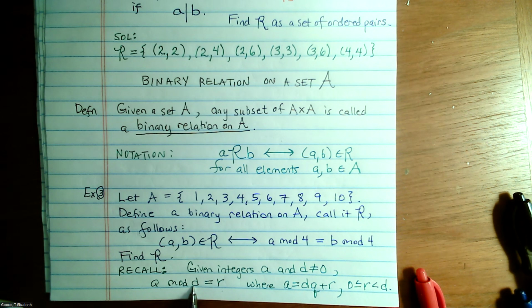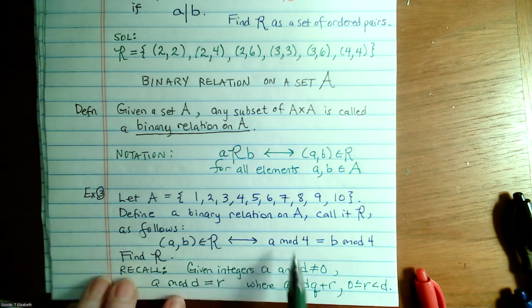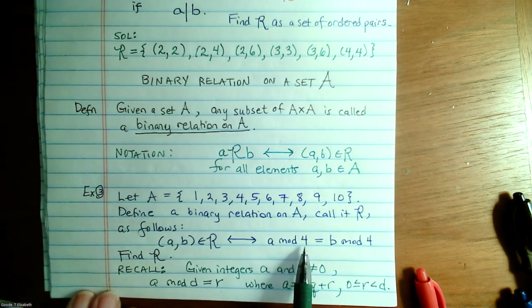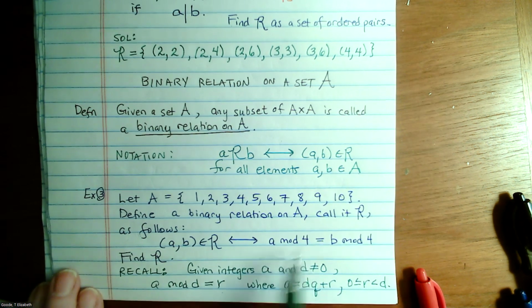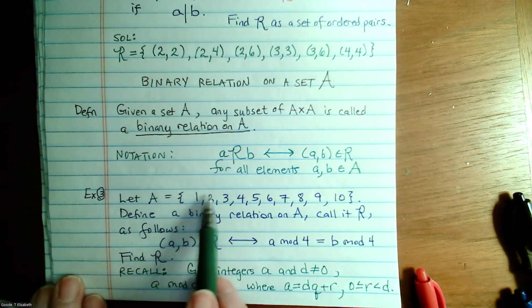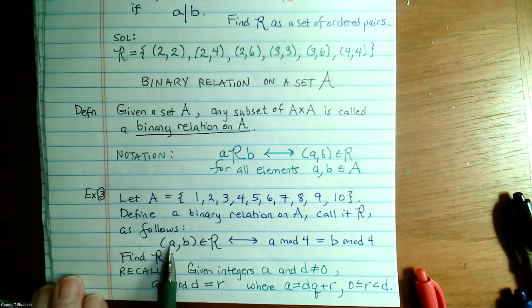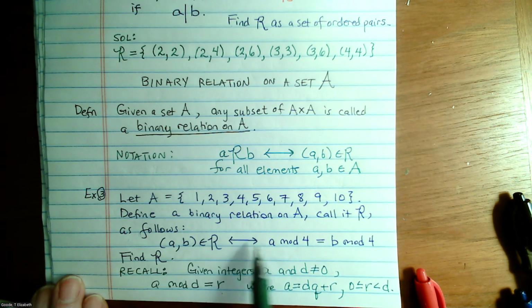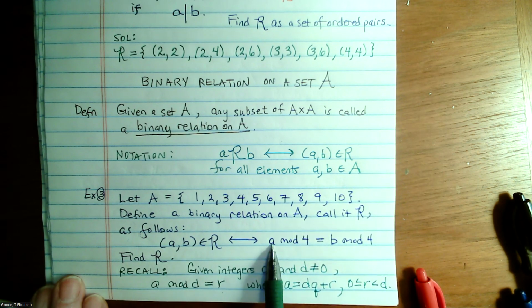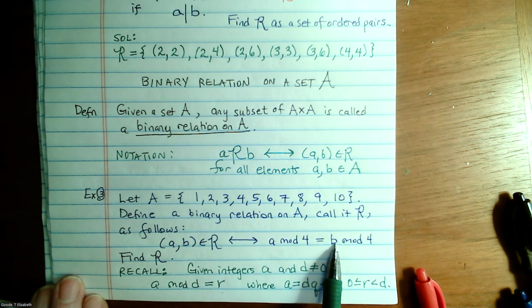So our divisor, when we're talking about a mod 4, is of course 4. And what we're saying is two elements of this set A are going to be related to each other. a is going to be related to b if and only if the remainder we get when we divide a by 4 is equal to the remainder that we get when we divide b by 4.